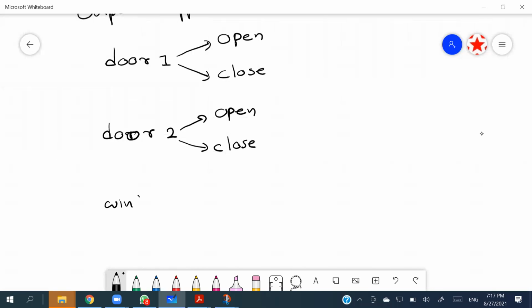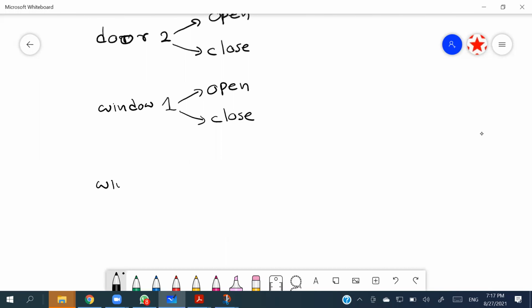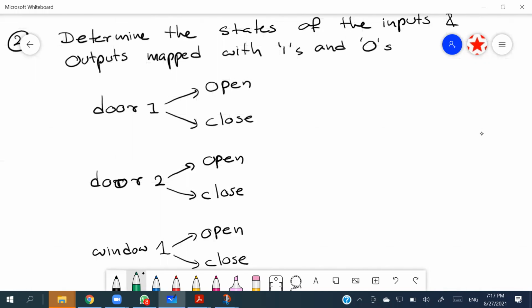Same way for window 1, we can have an open state and a closed state. For window 2, we can have an open state as well as a closed state. So those are the states of the inputs.